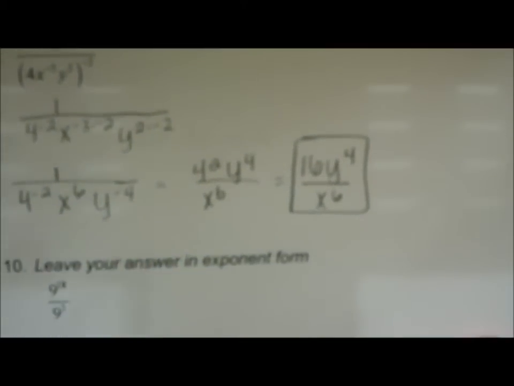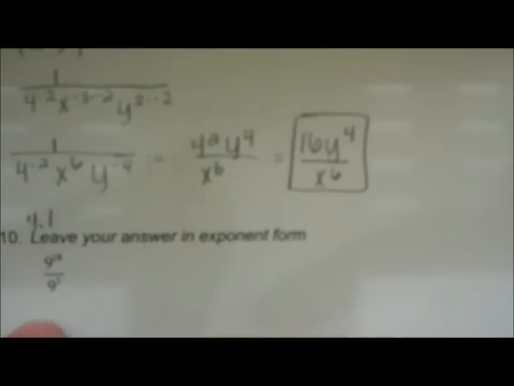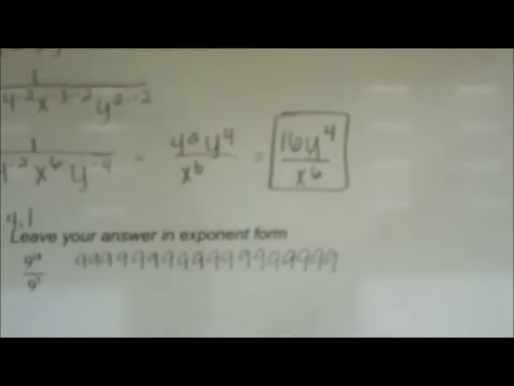Okay, number 10. Number 10 is 4.1. Now, 9 to the 18 over 9 to the 3. You can always, of course, enter this into your calculator, but if you don't really understand this, because I saw some people put 1, that's like writing 9 18 times. 1, 2, 3, 4, 5, 6, 7, 8, 9, 10, 11, 12, 13, 14, 15, 16, 17, 18.